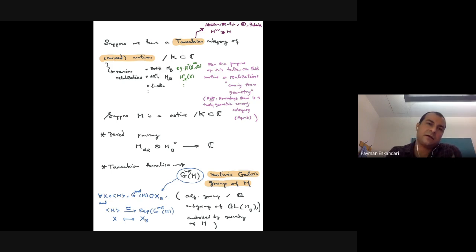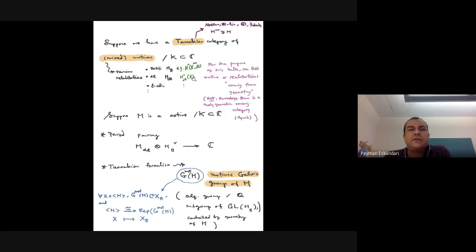Betti is like the singular cohomology. In the case that you're dealing with H^n of a variety, this would be exactly the nth degree singular cohomology with coefficients in Q. The de Rham realization would be, in that case, the algebraic de Rham cohomology. But the point is that this one is a Q vector space and this one is a K vector space.